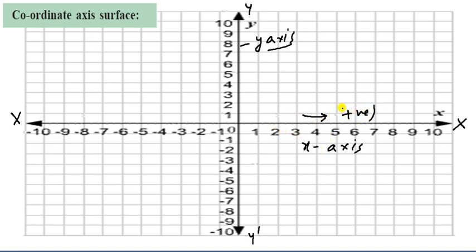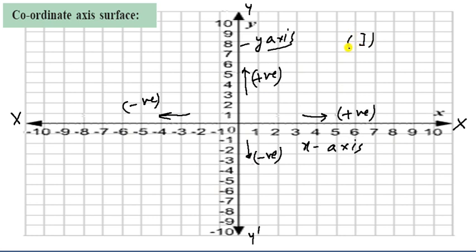This one is called the x-axis, and this direction is positive, and this direction is negative. Always remember, it is written here minus 1, minus 2, minus 3. And also on the y-axis, this one is the positive direction, and this one is the negative direction.